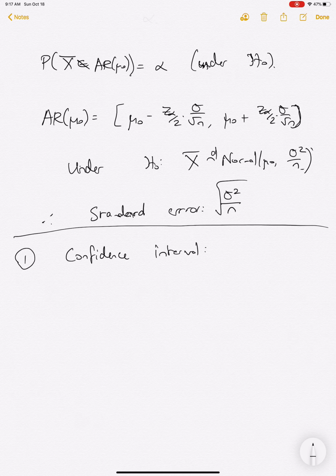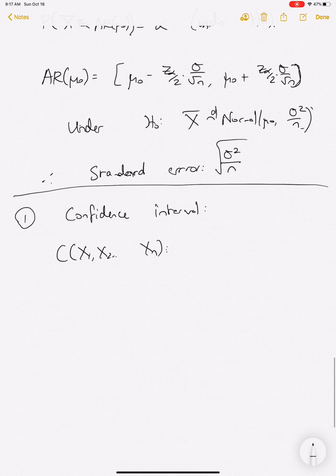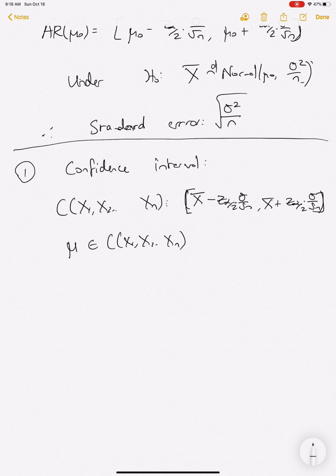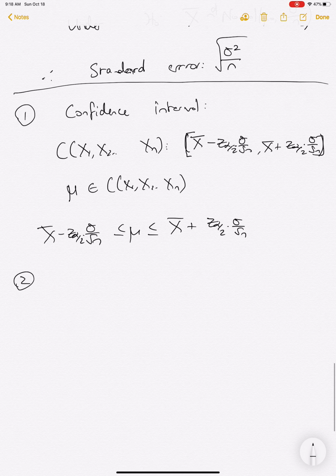We're going to use this notation C of x1, x2 up to xn, and you're saying mu is in the confidence interval C of x1, x2 up to xn, which, if we remember from earlier, is equivalent to saying that mu is between X bar minus and X bar plus z alpha over 2 times sigma over square root of n.